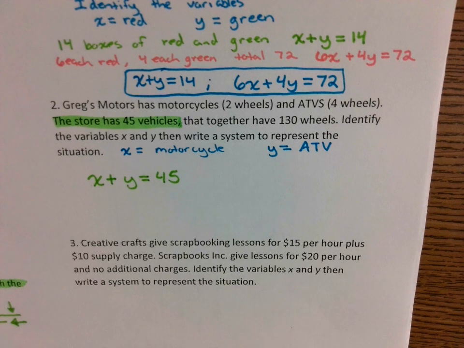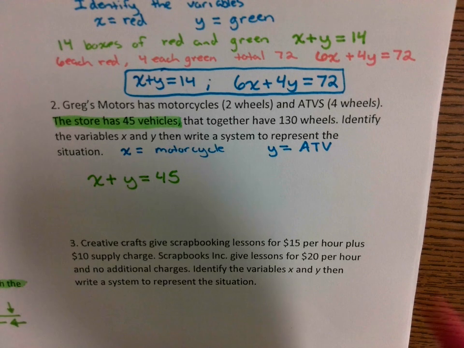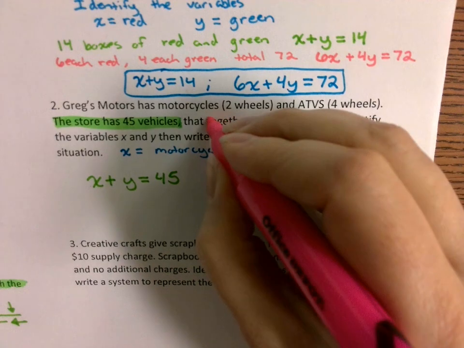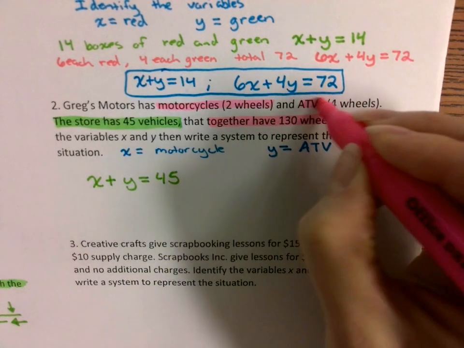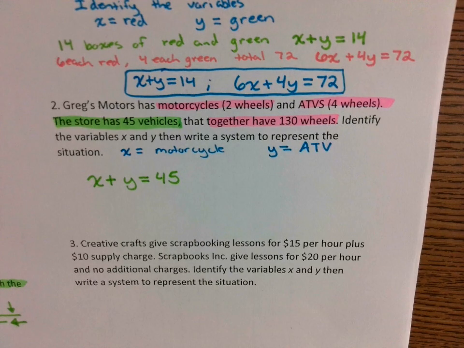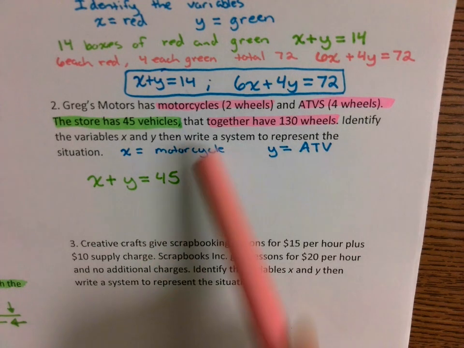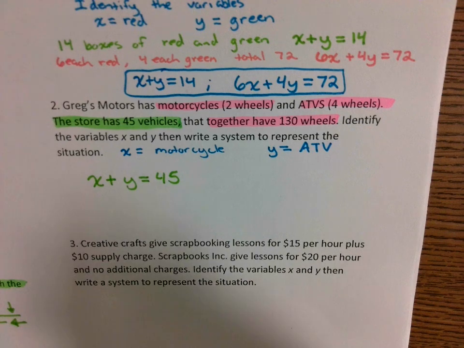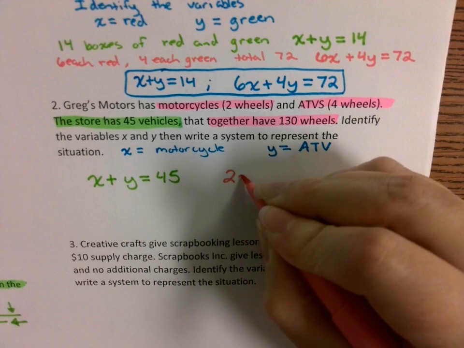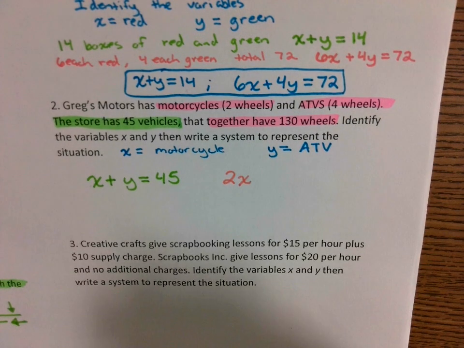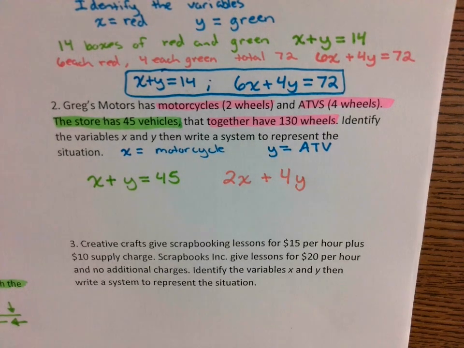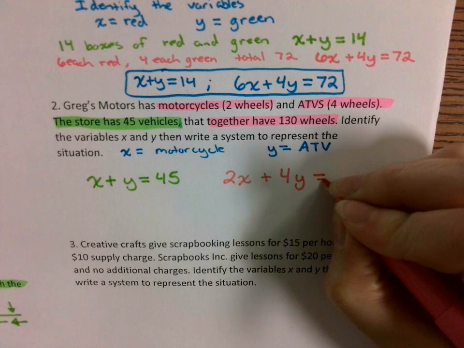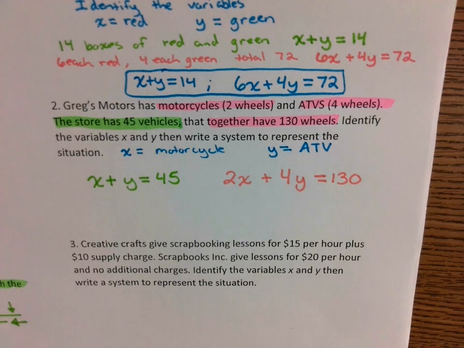Then I know that I have a total of 130 wheels, where a motorcycle has 2 wheels and an ATV has 4 wheels. So again, X is representing my motorcycle. There are 2 wheels per motorcycle, plus the 4 wheels per ATV, and that's going to come out to 130 wheels. And there's my system.